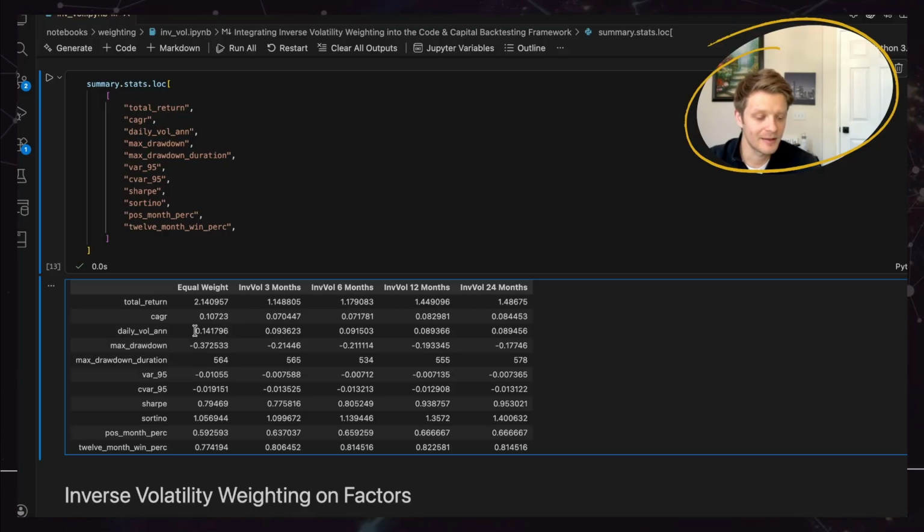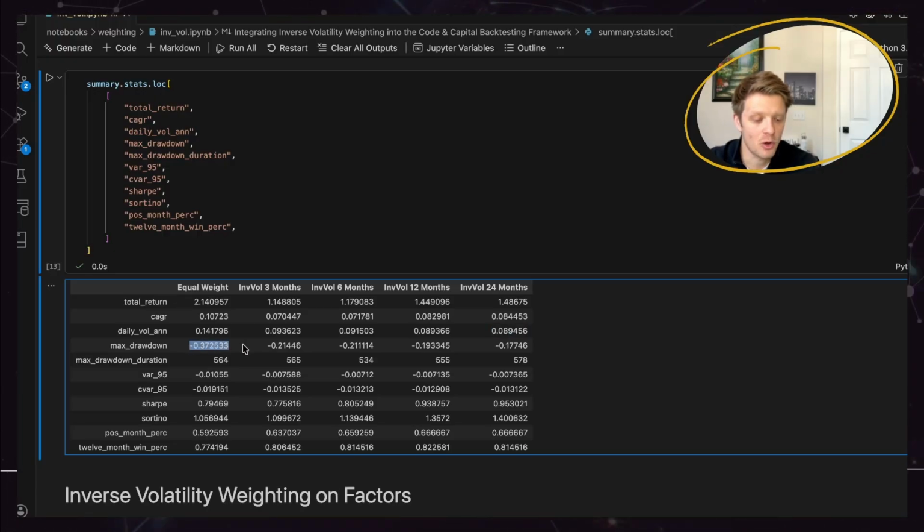You can see that the equal weight strategy has around a 14% annualized volatility, whereas our inverse volatilities rank around 9%. Another big advantage is it protects you against drawdowns.